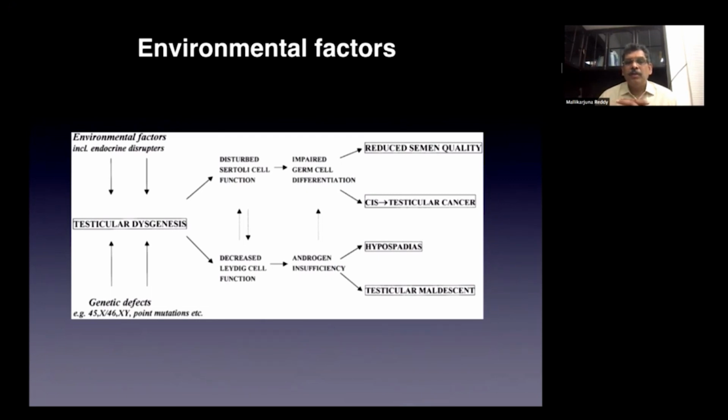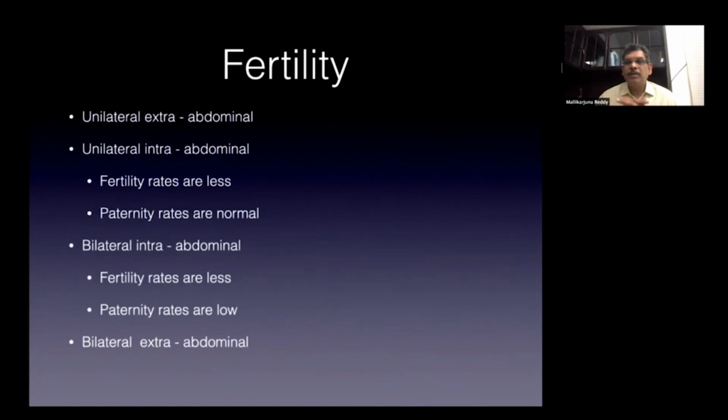So what happens to these children who have testicular mal-descent as far as fertility is concerned? In a unilateral extra-abdominal testis, the fertility is almost the same as a normal child. In a unilateral intra-abdominal testis, the fertility rates are less, but the paternity rates are normal.